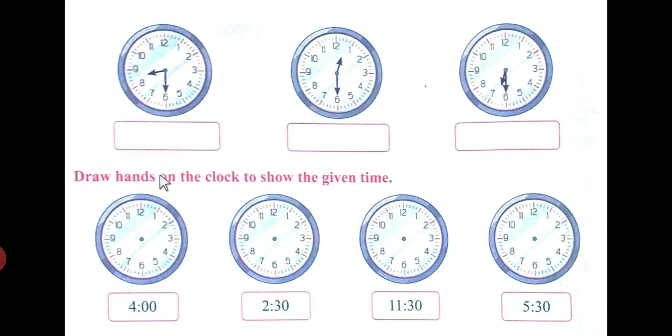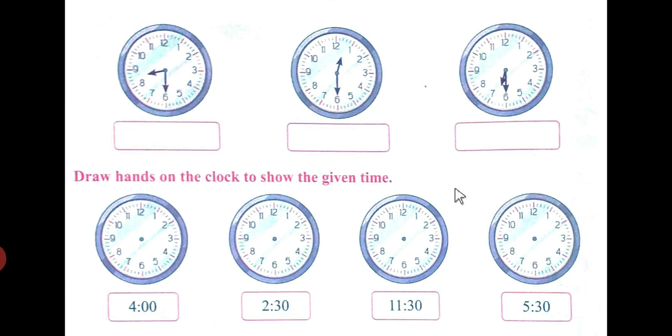Now draw hands on the clock to show the given time. If the time is 4, the hour hand will be at 4 and the minute hand will be at 12. 2:30, so the hour hand will be between 2 and 3 and the minute hand will be at 6.